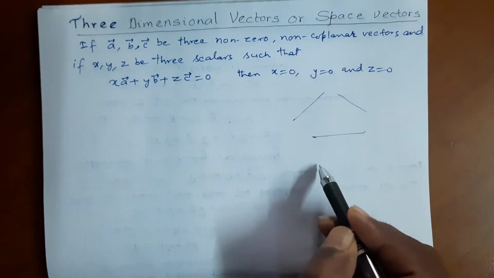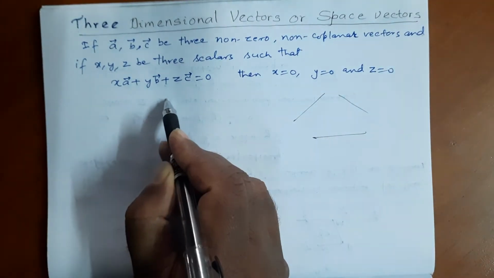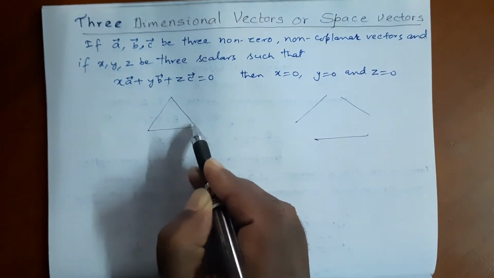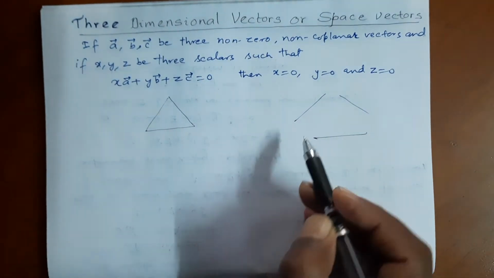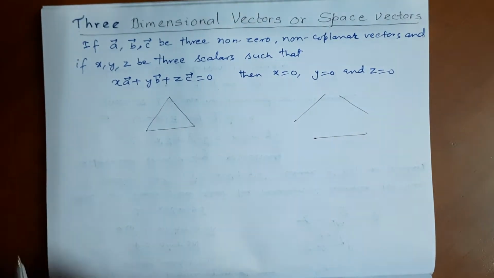Okay, so they can be fitted in a triangle this way, with this one parallel to this, and this one parallel to this line.